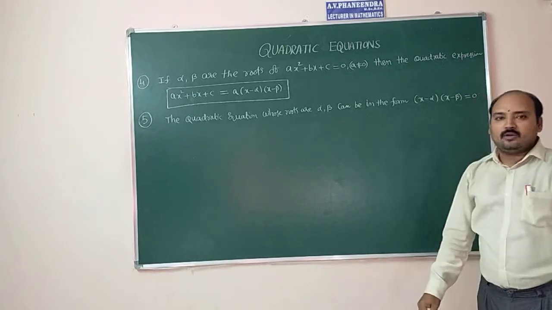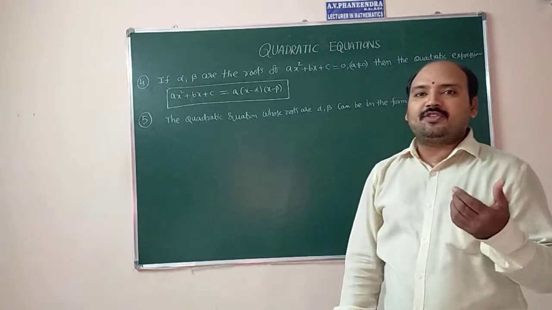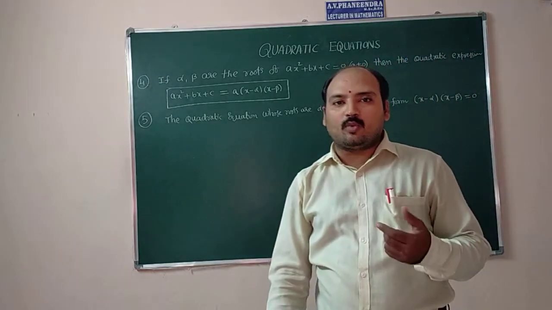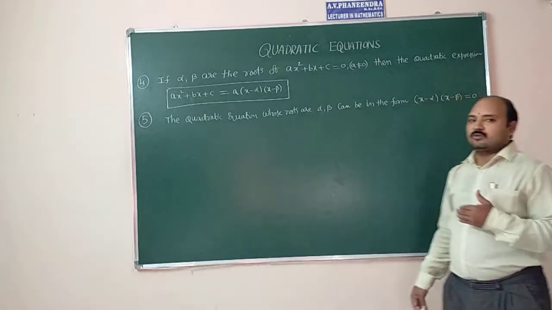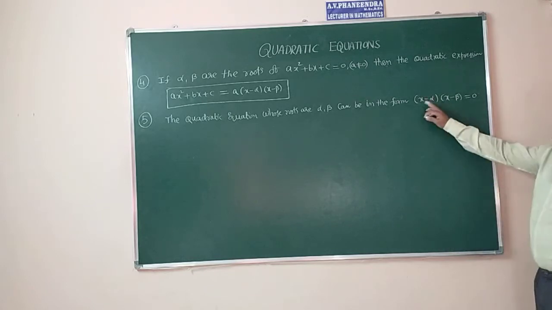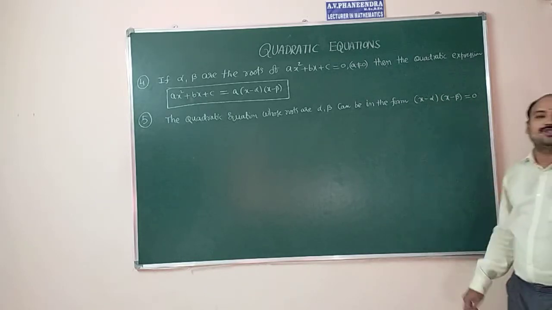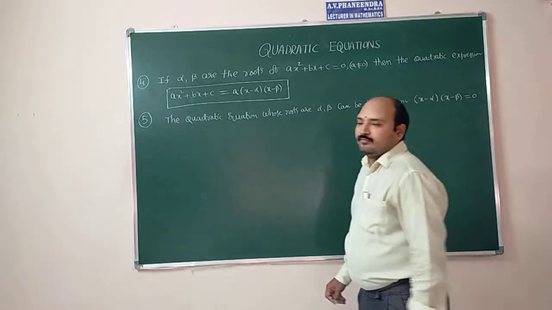Suppose for example, if 2 comma 3 are roots of the quadratic equation, then how to write this quadratic equation? x minus 2 into x minus 3 equal to 0. Like this way you have to write it.